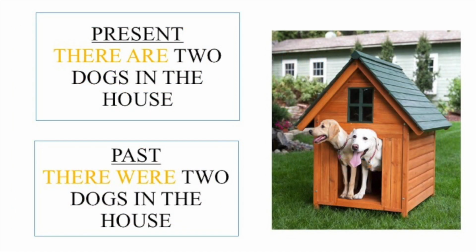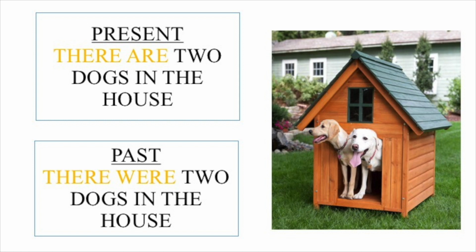And now what can you see? Two dogs. Singular or plural? Plural. Present tense, there are. In the home or in the house. Excellent. There are two dogs in the house. Plural objects, present tense.